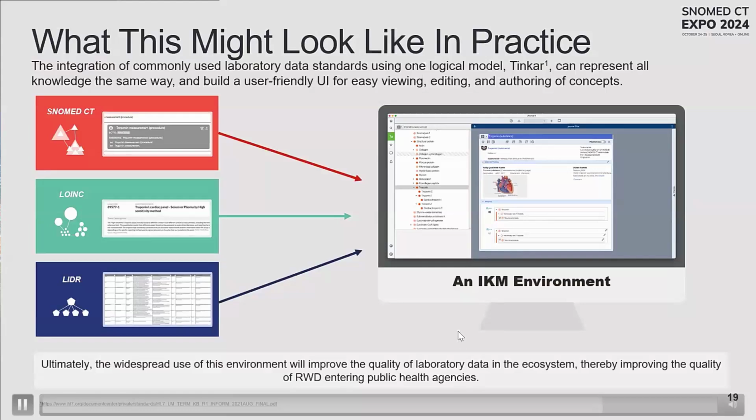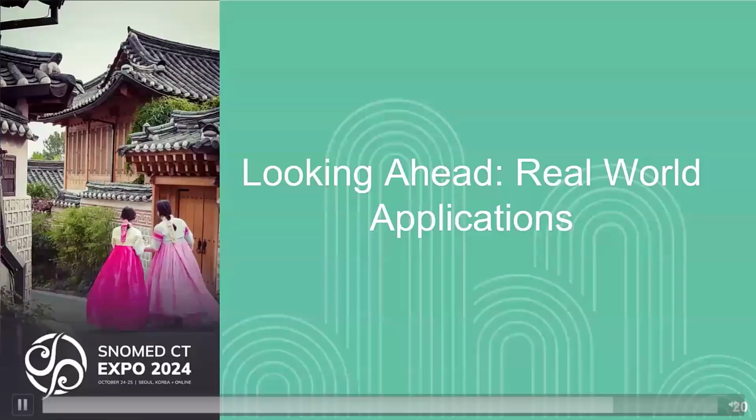And so ultimately, we hope that this will improve lab data quality and improve the real world data that's entering these public health agencies that's being used for disease surveillance and also research.